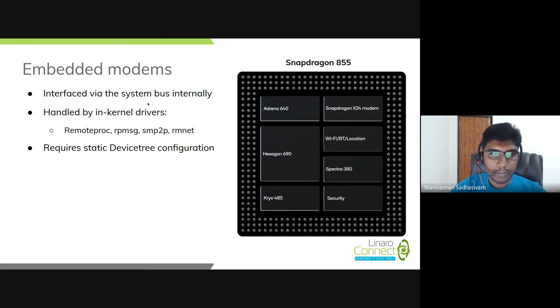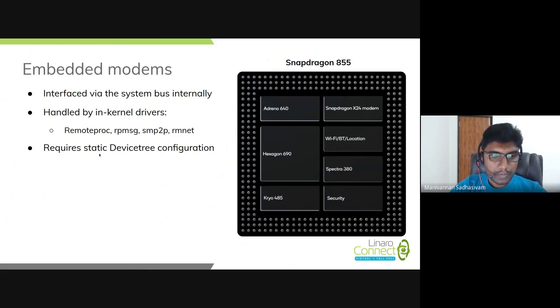These types of embedded modems are handled by the in-kernel drivers available in the upstream Linux kernel repository. For example, the remoteproc drivers are used for loading the modem firmware as well as controlling the state machine of the modem, such as starting, stopping, and collecting the crash dumps. And there is also RPMsg and SMP2P for communicating to the modem, and the RMNet driver for creating the network interface in the SoC.